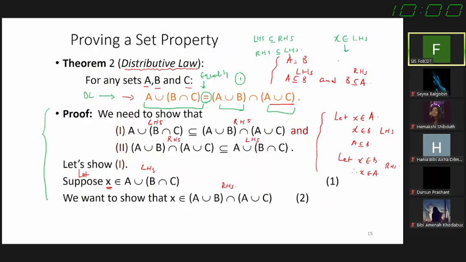You should then get to the point to say that X is also an element of the right-hand side. If you're able to show that, then this will be satisfied. And then you do the inverse. You say, let X be an element of the right-hand side. Then through that, you try to prove that X is an element of the left-hand side. If you're able to prove both, then this equality stands.